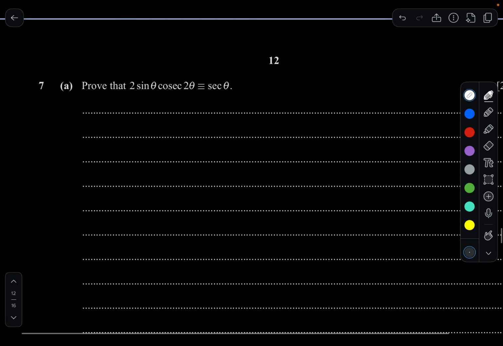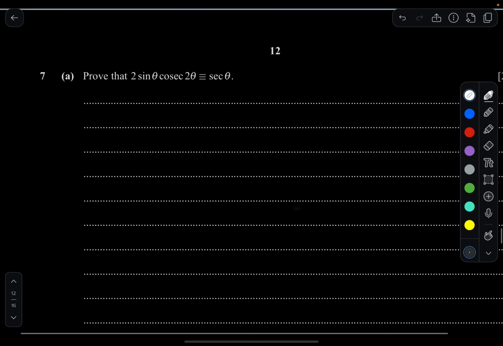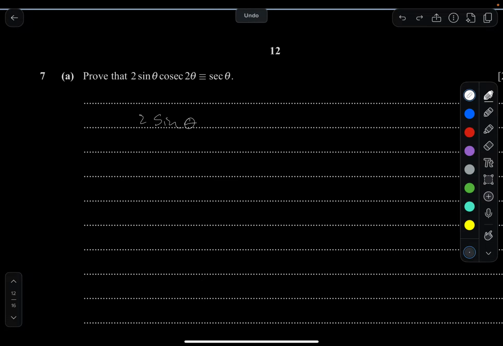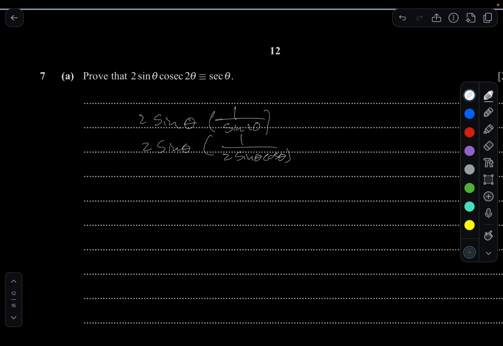And then we have the sine of that one. So it will be 2 sine theta times cosec 2 theta, which is basically 1 over sine of 2 theta. It doesn't have to be identical to that. So we're just basically going to solve this. So that will be 2 sine theta times 1 over 2 sine theta cos theta.